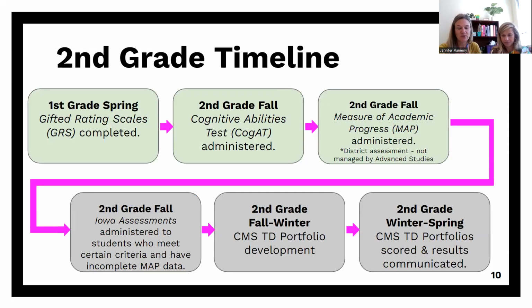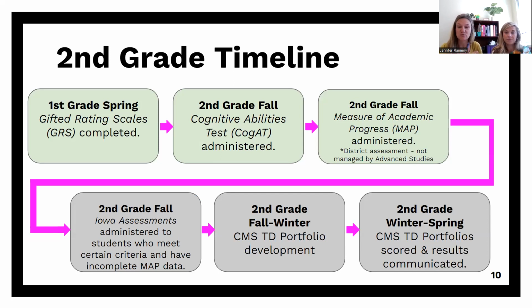The timeline that we go through, actually starting last year in first grade, all students were screened using the GRS scales. This fall, we will begin administering our COGAT tests to all second graders. They will also take their MAPS tests. And then on a case-by-case basis, we will do an Iowa assessment for students that meet certain criteria or have incomplete MAP data.